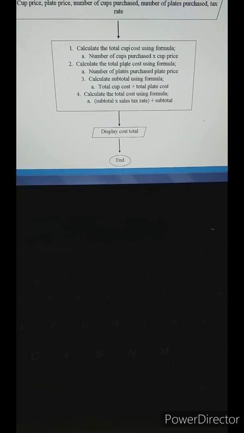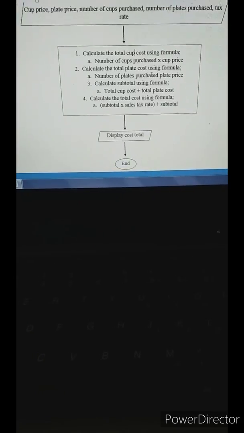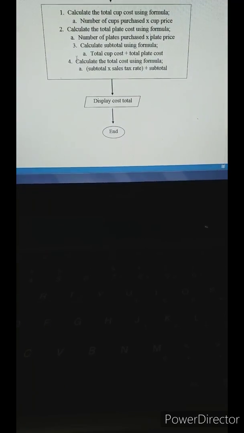Calculate the total plate cost using the formula number of plates purchased multiply plate price. Number 3 is calculate subtotal, using the formula total cup cost add total plate cost. And then the fourth calculation is to calculate the total cost using the formula subtotal multiply sales tax rate add subtotal, and then the output will display the total cost, and then end.